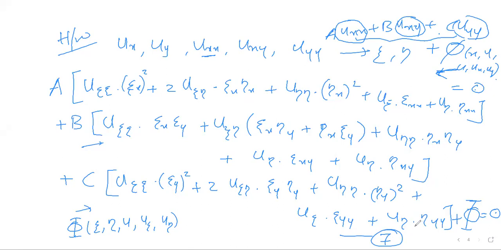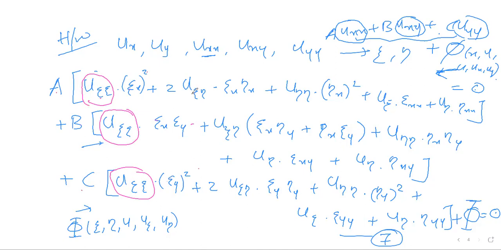Okay, after this I'm going to take a new window, and I'll use color for you to understand. See here, in this term you have u zeta zeta, in this term also u zeta zeta, here also u zeta zeta. So if you take u zeta zeta outside, you will end up with a zeta x squared, b zeta x zeta y, c zeta y squared, isn't it?